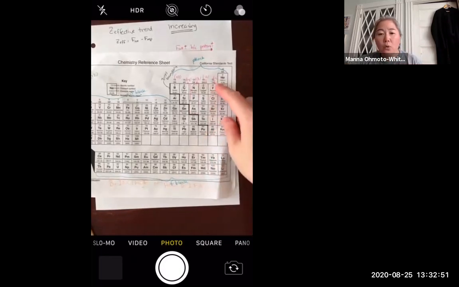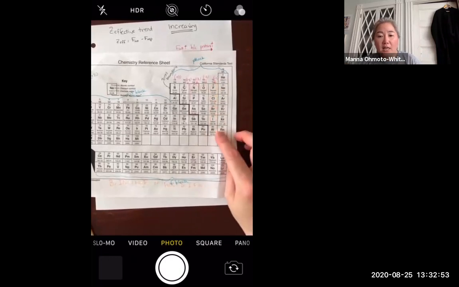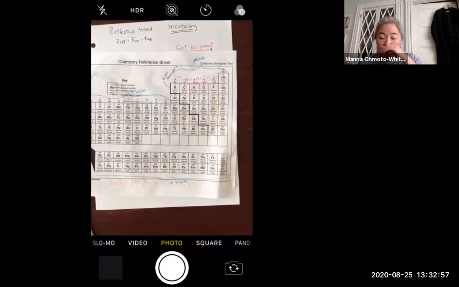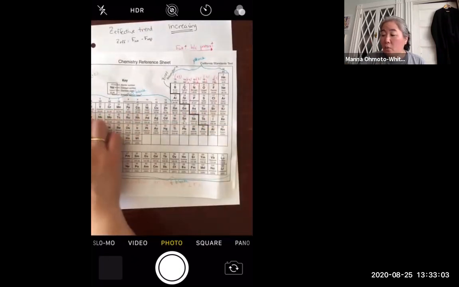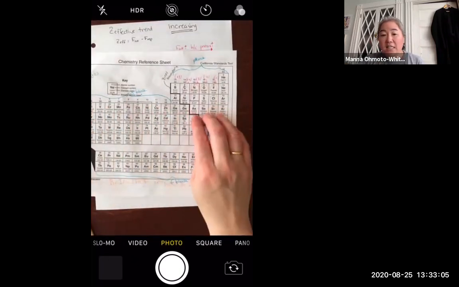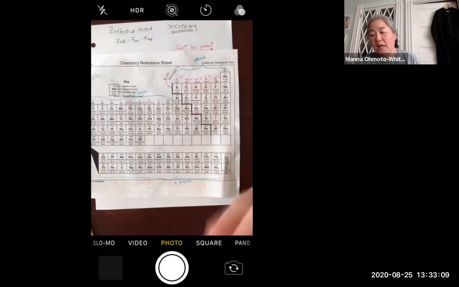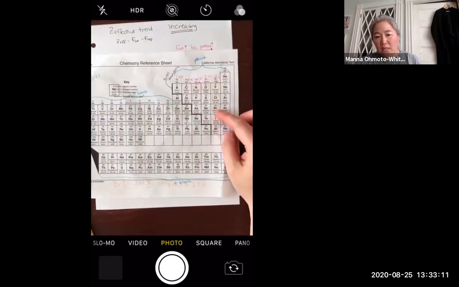And so I'm going to have fewer and fewer elements within that row that are going to have a Z effective strong enough to grab electrons. Similarly, in a row, the ones that have the highest Z effective are going to be the ones that are farthest to the right because they have the most protons.